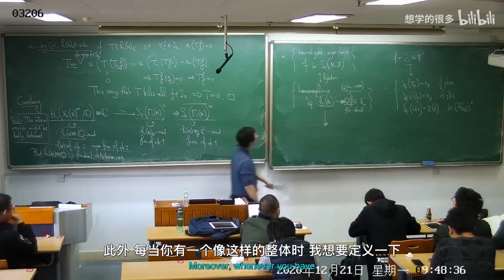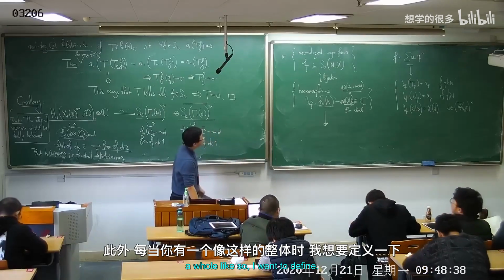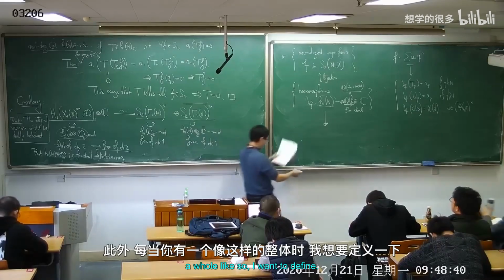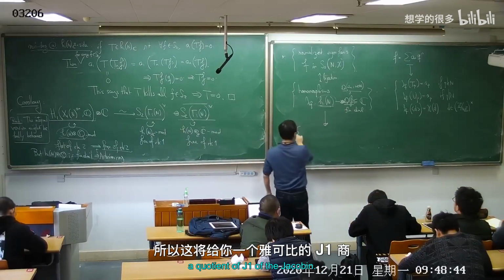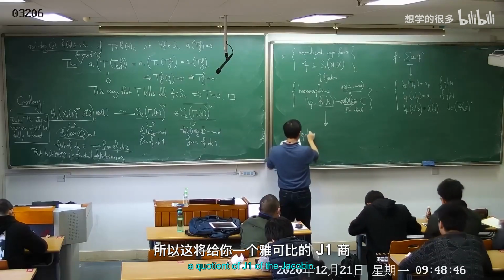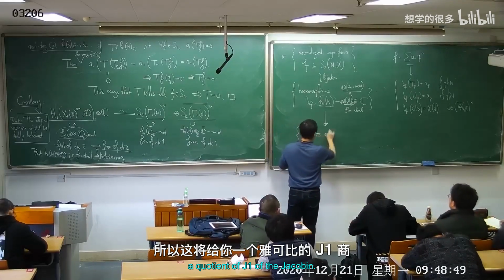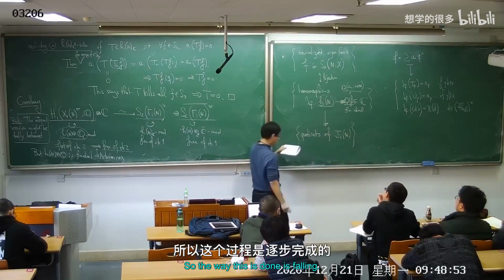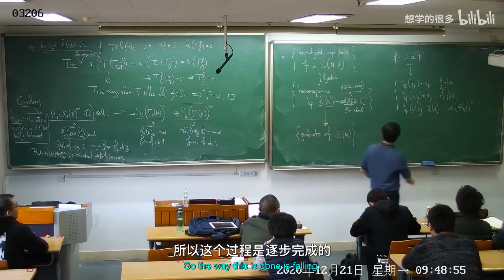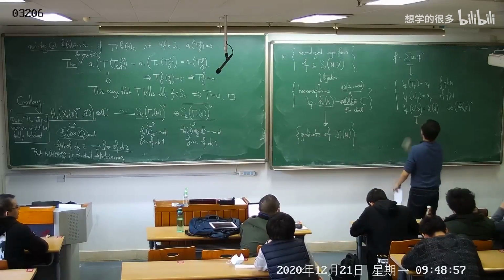Moreover, whenever you have a homomorphism like so, I want to define a quotient of J1, the Jacobian. The way this is done is the following.